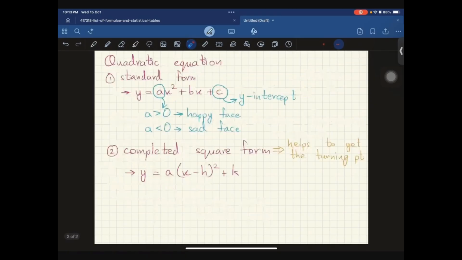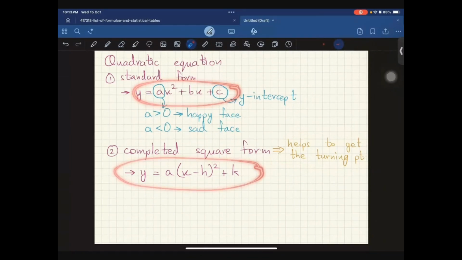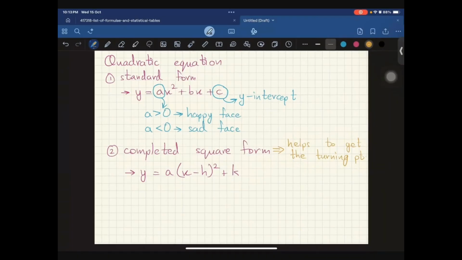respectively. So the completed square form will help us get the turning point automatically. So if you're able to convert this equation into this form, then in the completed square form, h, comma k are the coordinates of the turning point.